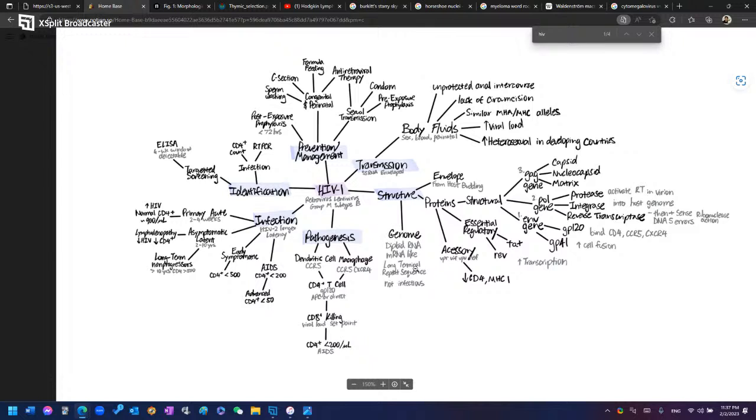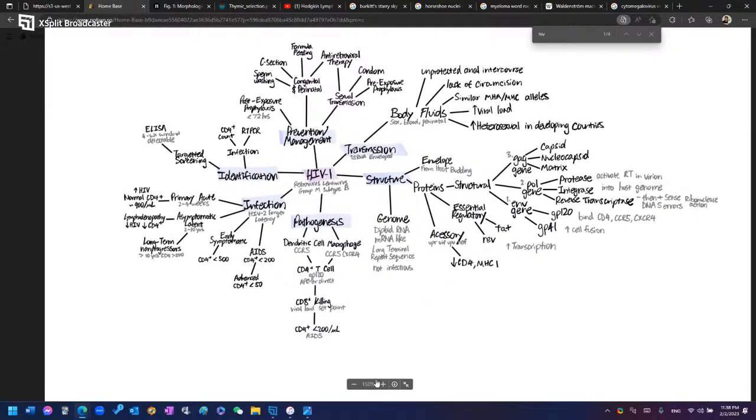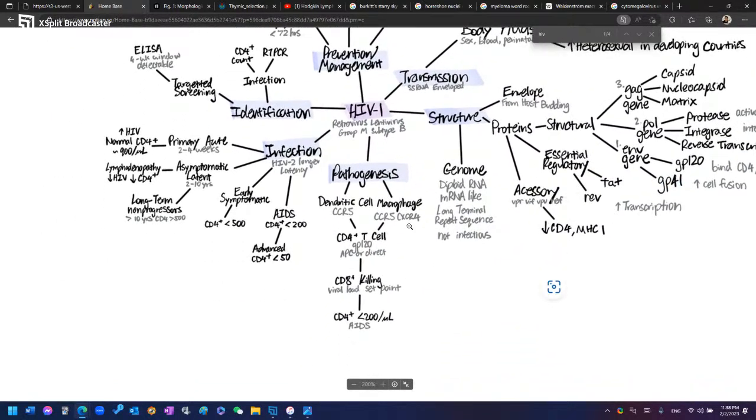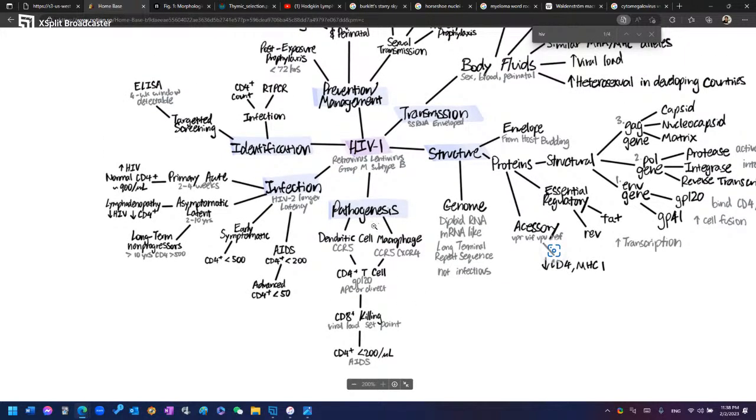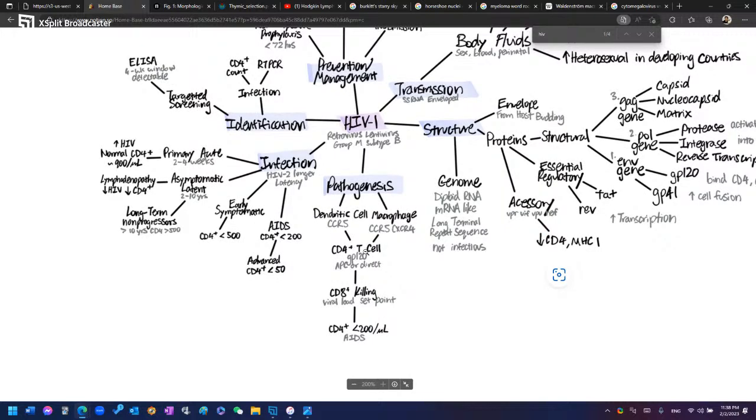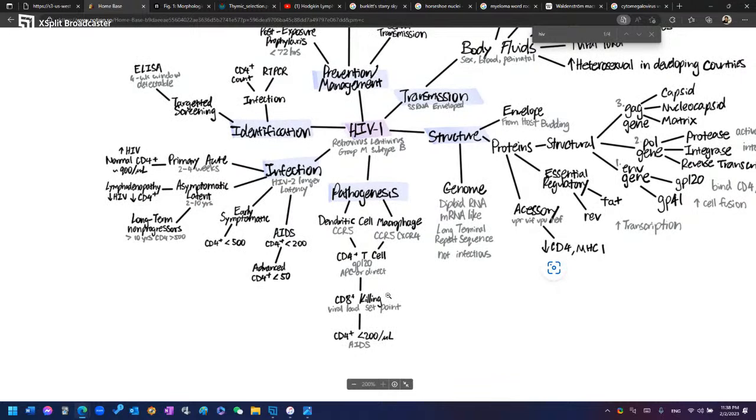It has diploid RNA. The RNA itself is not infectious, but once it gets turned into the DNA, gets integrated, that's bad news. So HIV actually hitches a ride on the dendritic cell, and it gets taken to meet the T cells, where it then kills them.